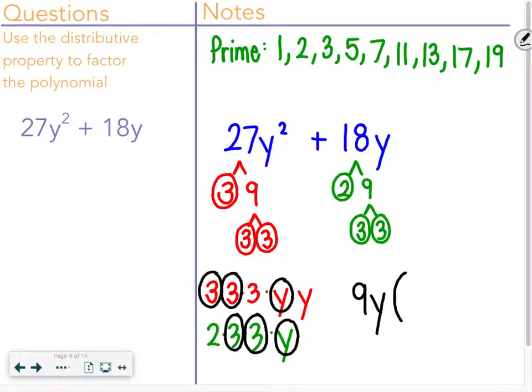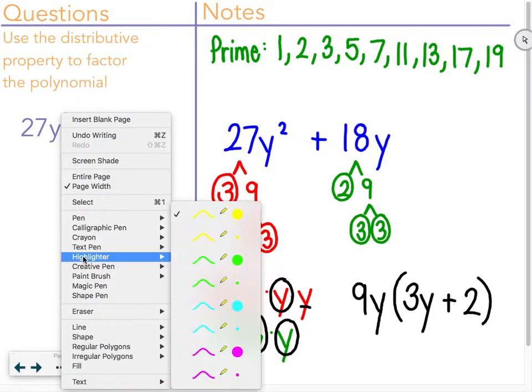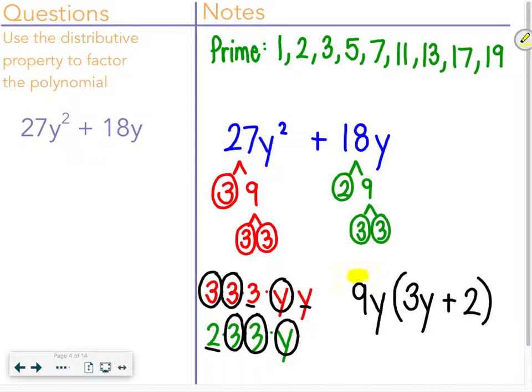Then what is not circled in my red group is a 3 and a y. What's not circled in my green group is a 2. So your answer is 9y times 3y plus 2. 9y was our greatest common factor.